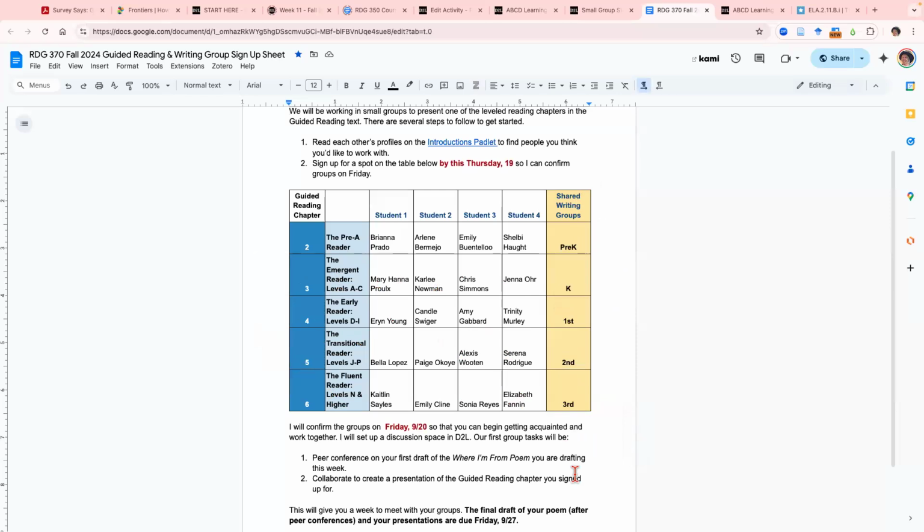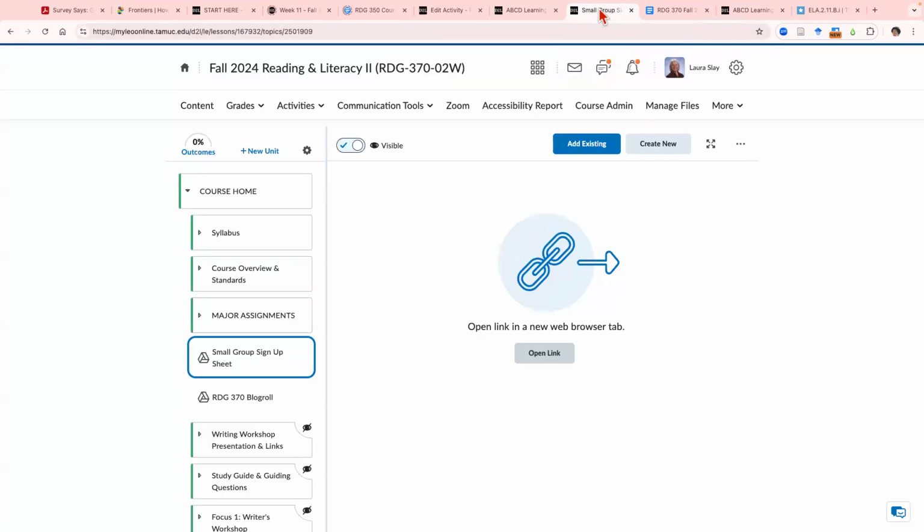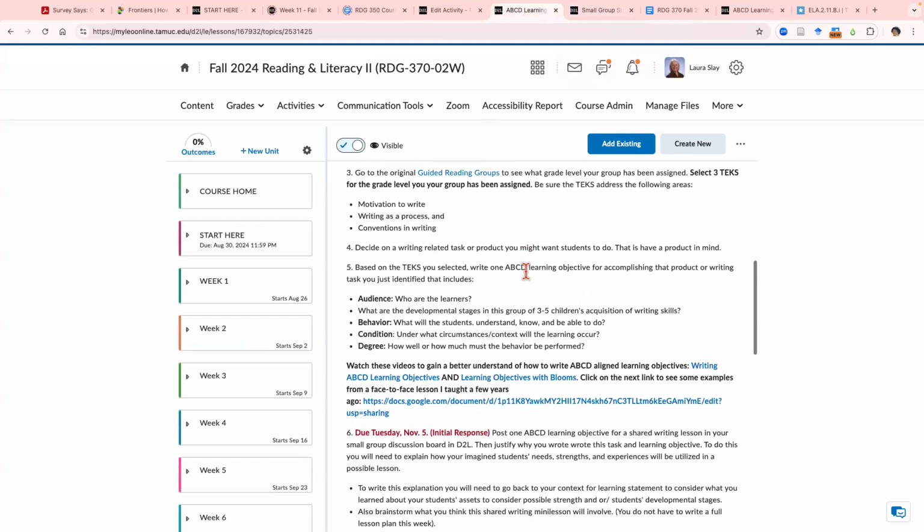Please take note, these are individual assignments, but you are using your small groups for conferring and for getting feedback from each other. So each one of you is doing something independently. You just need to be able to post and share your thoughts and your thinking. I cannot stress how important the sharing part is, because some of these tasks are weighty.